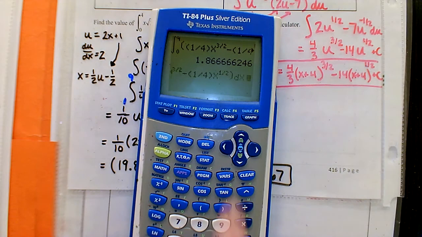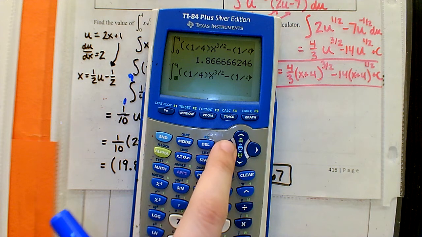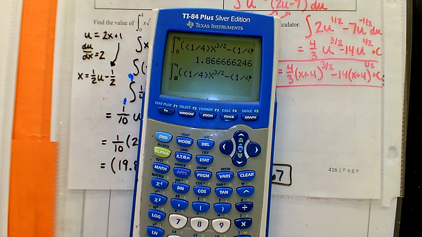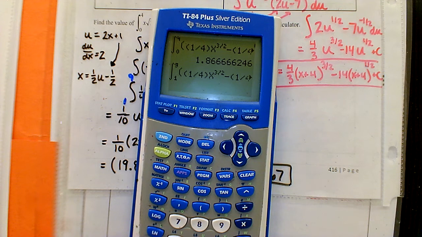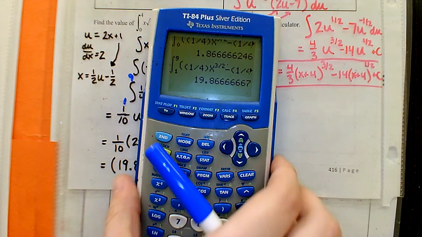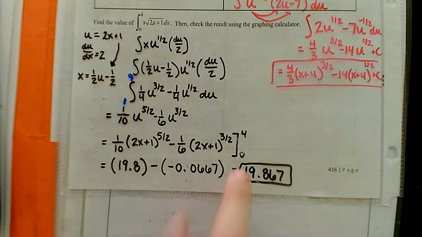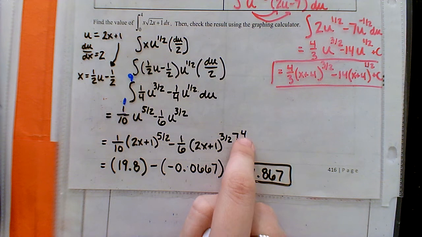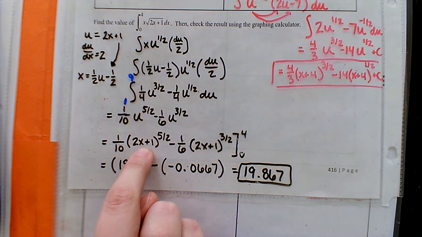Okay, so I'll just hit second entry to bring up the integral we just typed in. And instead of 0 to 4, let's change it from 1 to 9. Does it match? Yeah. Okay, so we got to be careful. The only way you can use the 0 and 4 is if you plug in the u that you labeled back into the equation.